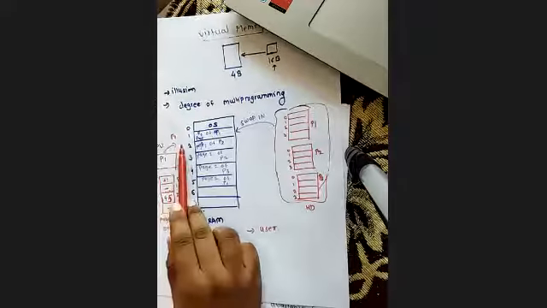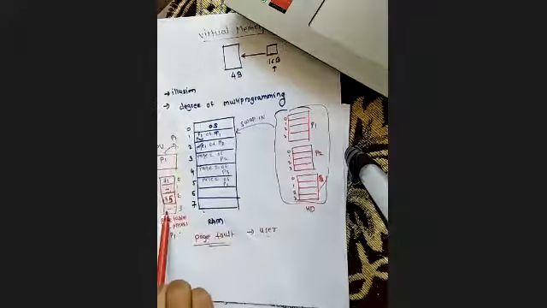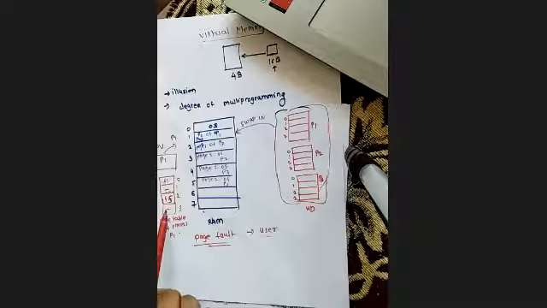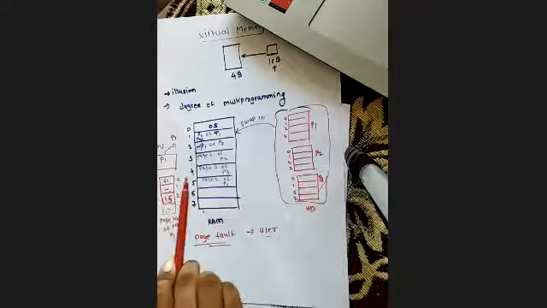Now, when the MMU will identify the required page P1 is not available in this page table, that means information if it is not available in the page table, मतलब वो page इस RAM में अभी available नहीं है, so there is a page fault.